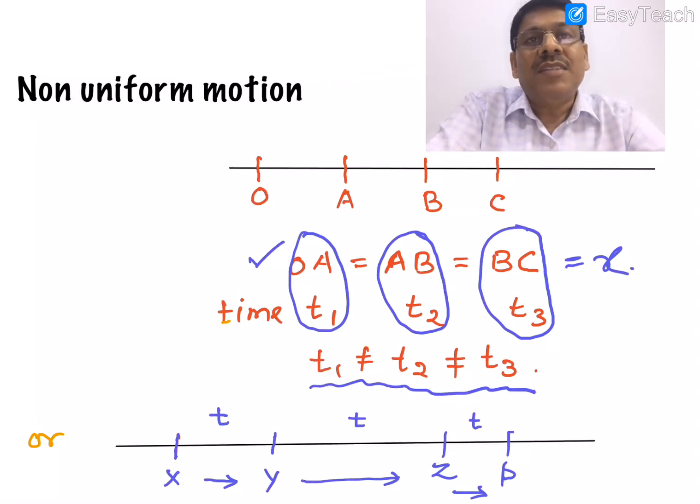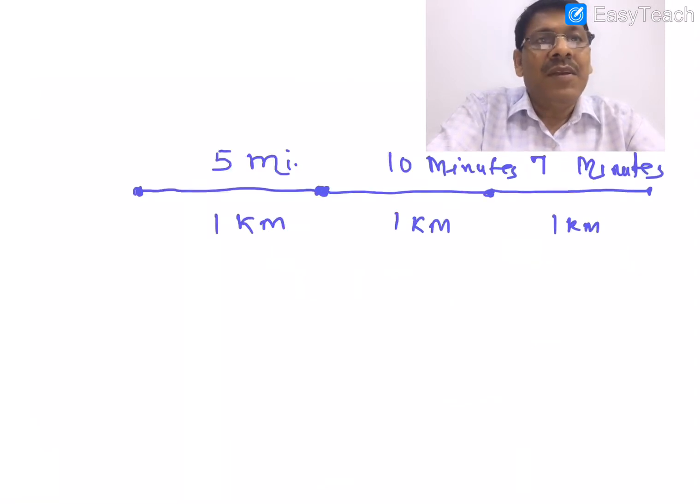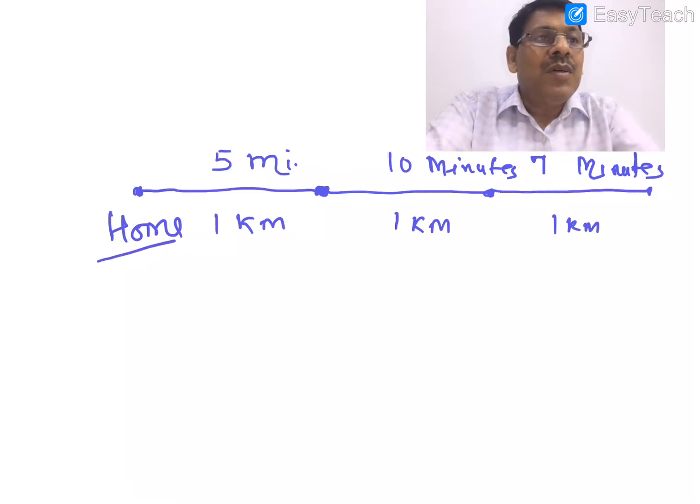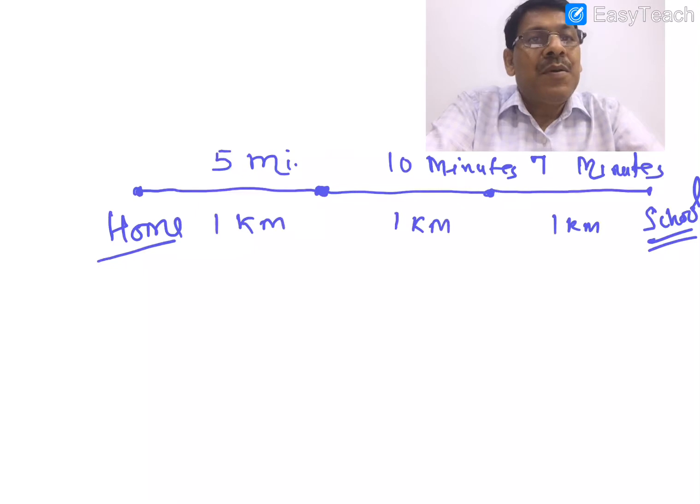There are so many examples of non-uniform motion and uniform motion in daily life. One example I am quoting here. Suppose your school is 3 kilometers from your home.